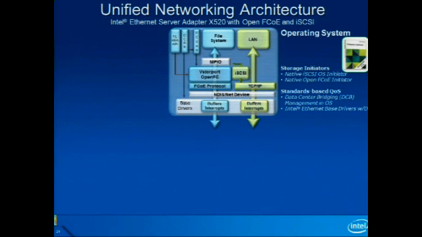So the FCoE initiator, native initiator that's built into 5.0 handles the FCoE protocol. That's where all the processing's being done. Our driver works with the DCB and handles all the QoS in conjunction with the VMware driver.